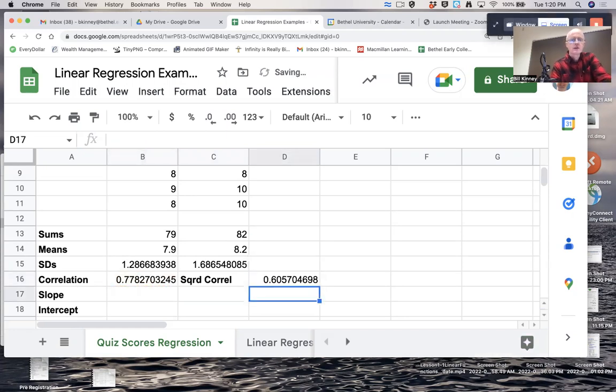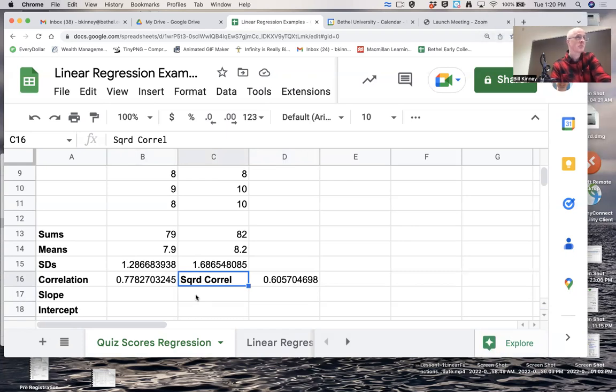R squared. So a little closer to 0, though not a ton closer to 0. It's close enough to 0.5 to call this a moderately strong linear trend. By the way, the squared correlation has a name besides squared correlation. It's called the coefficient of determination, but you don't need to know that for the exam.